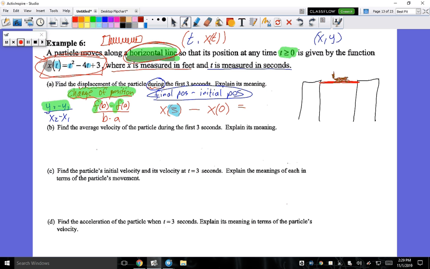And if I plug in 3, I get 9 minus 12 plus 3. What's my final position? 0. Now let's plug in 0 where my t's are. And what would I get? 3. So 0 minus 3, my displacement is negative 3 what? Negative 3 feet.